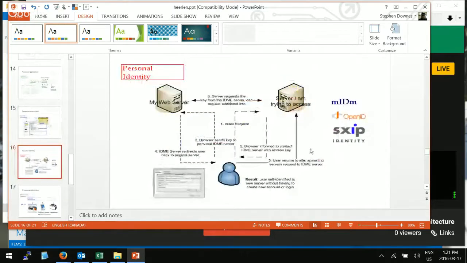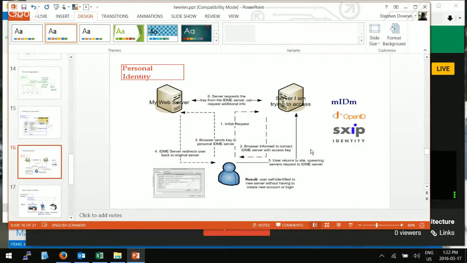Personal identity is also a major part of this. Now, some of these organizations on the right-hand side have basically died. MIDM, or Mighty Me, was a system that I created way back in the early 2000s, where your identity was put into the header of a browser, and then anytime you accessed a website, you would present your credentials.